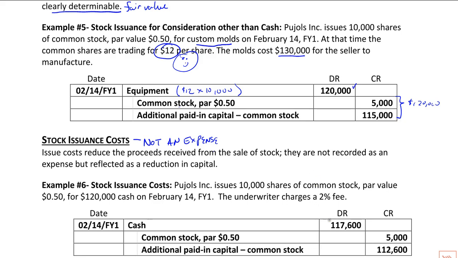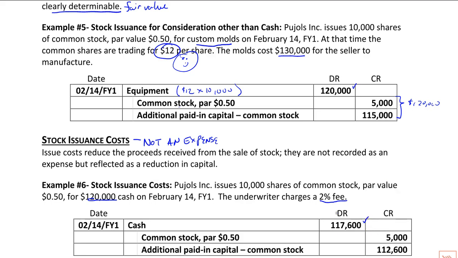So here we have a stock issuance and it's being issued for 120,000 cash. So they receive the cash, but 2% is a fee. So that's what investment bankers get. They get a cut. So what we don't do is debit an expense.